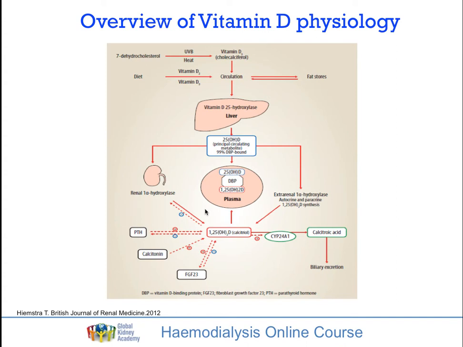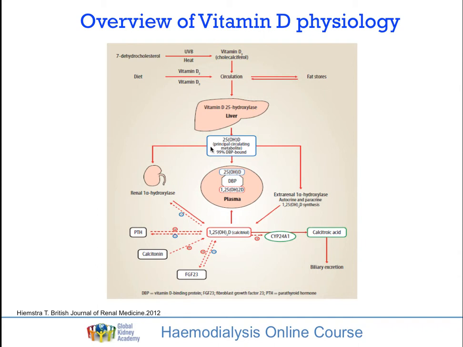So let's talk a little bit about vitamin D, because there's a lot of confusion about vitamin D. In health, a source of vitamin D can be the diet or the skin, when UV light shines onto your skin, and that leads to the generation of vitamin D3 or cholecalciferol, and vitamin D2 from the diet, which is ergocalciferol. Those two forms of vitamin D are then hydroxylated in the liver, and that's the main circulating metabolite, 25-hydroxy vitamin D, and that's what most of us measure when we measure vitamin D levels.